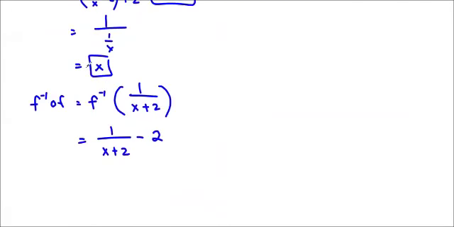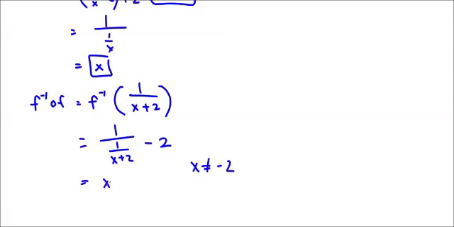Oops. So it should be 1 over, my bad. 1 over x plus 2 minus 2. So it's because it's 1 over x minus 2. And so 1 over, we can't have x be negative 2, but we can then flip it over like this. So x plus 2 minus 2, and it also ends up being x.